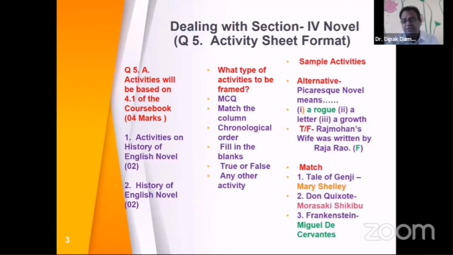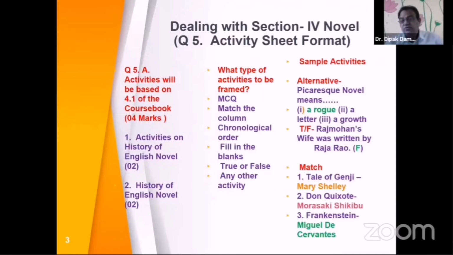One example I have given is a sample activity: choose the correct alternative. Or true and false. This example is also very important because we are not only teachers but also paper setters at local level.